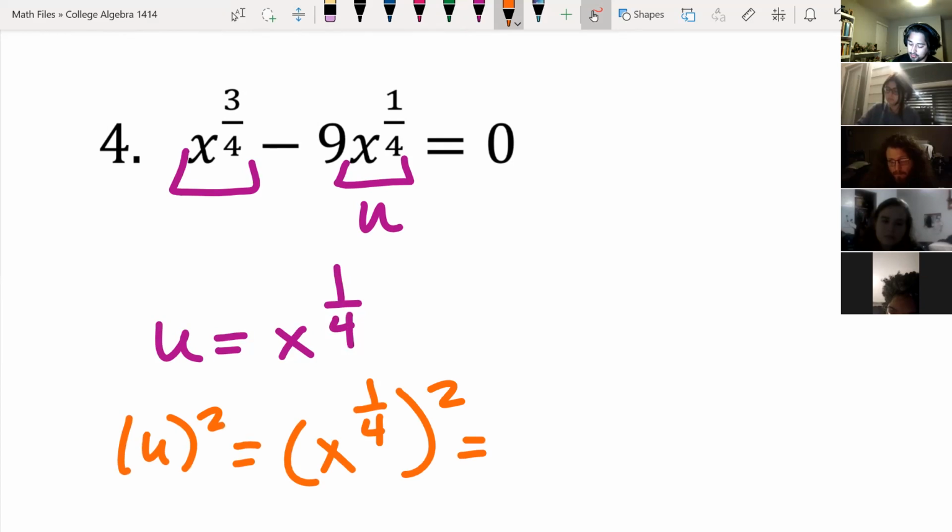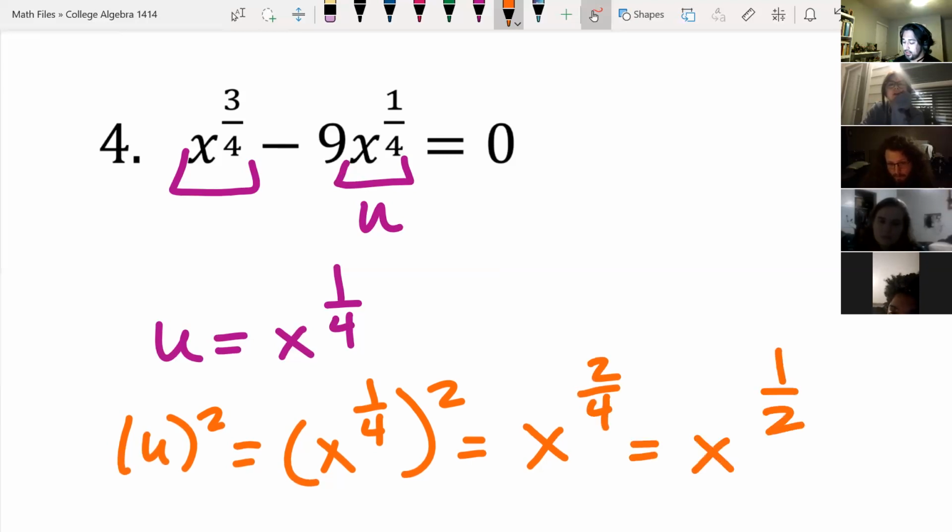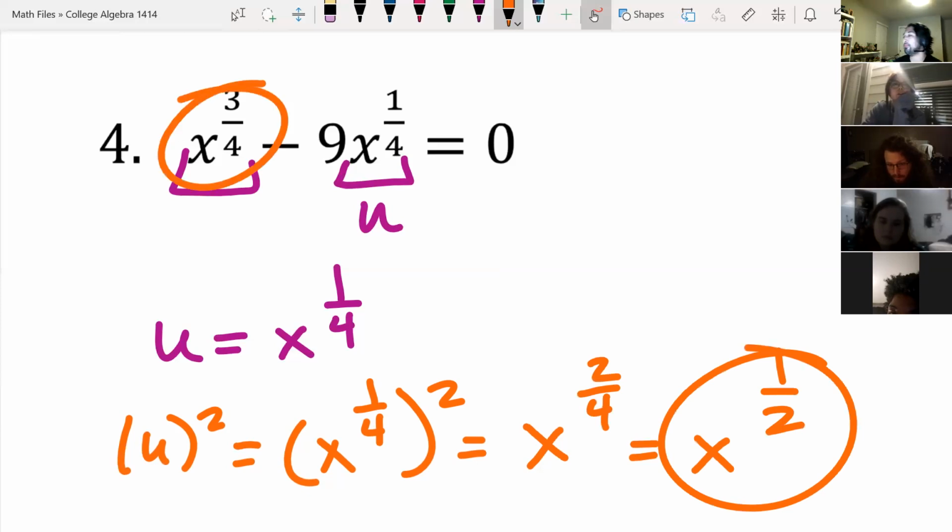No. I'm going to get x to the, and what's 1/4 times 2? Power to a power you multiply. 2 over 4, which gives me x to the half. Does this cover my leading term? No. So we have to go back to the drawing board.